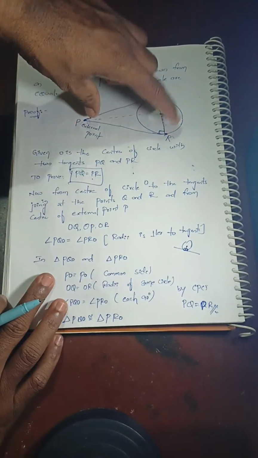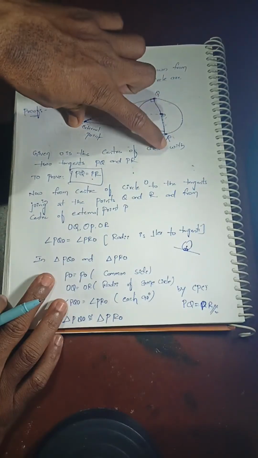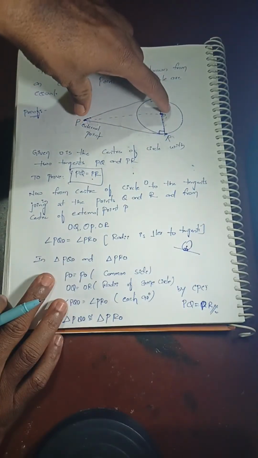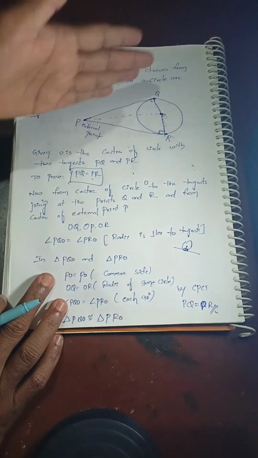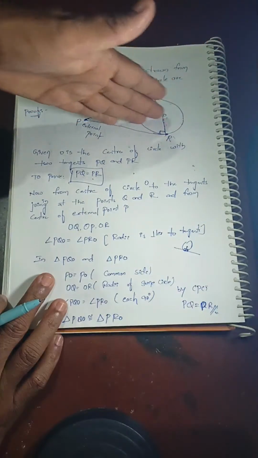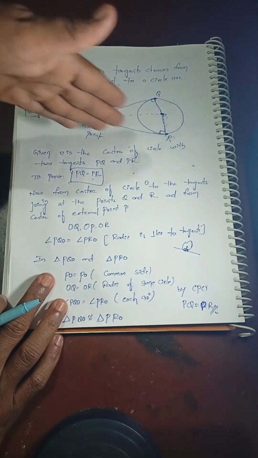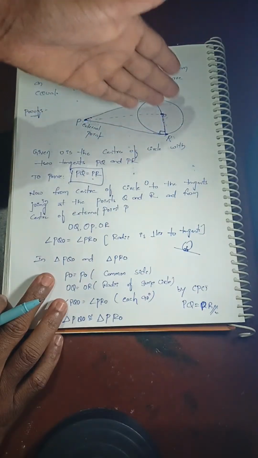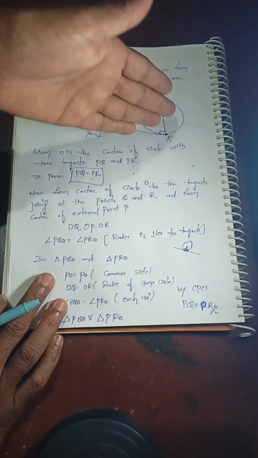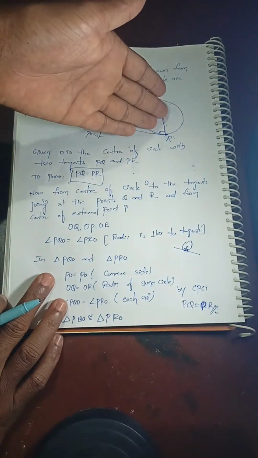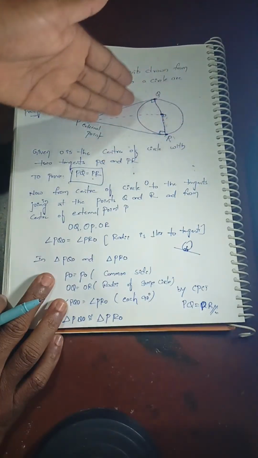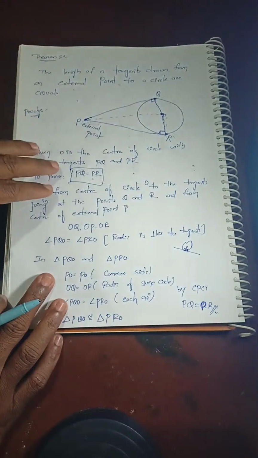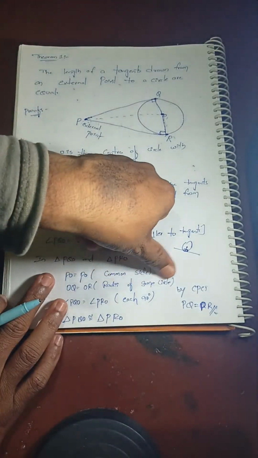Now we take the two triangles: one triangle is PQO, the other is PRO. OP is the common side for both. Next, OQ is equal to OR, because OQ and OR are radii inside the circle; that's why we wrote radii of the same circle.